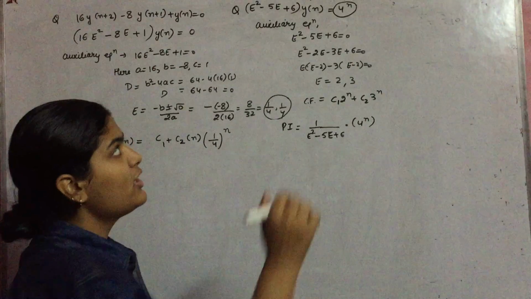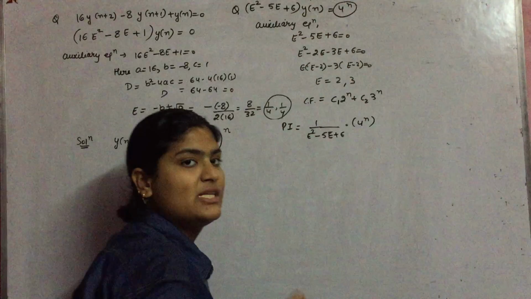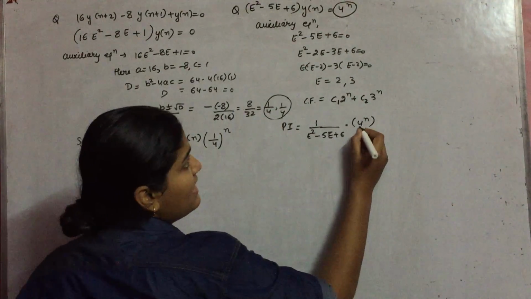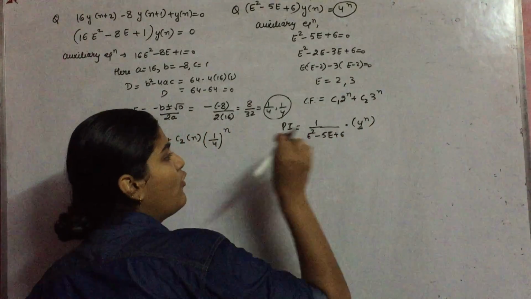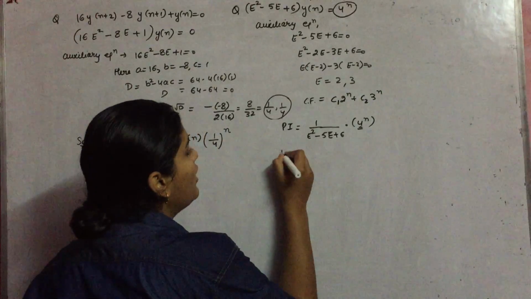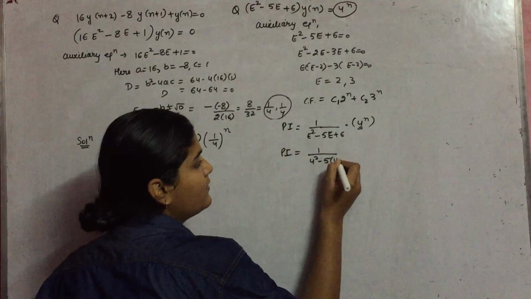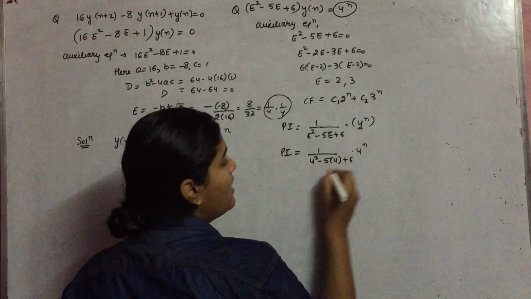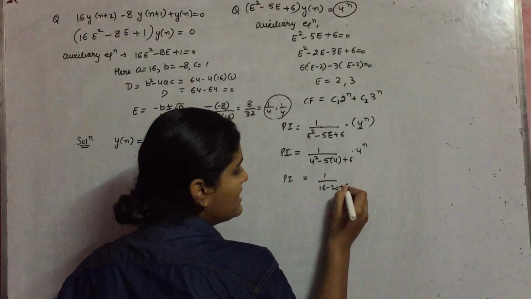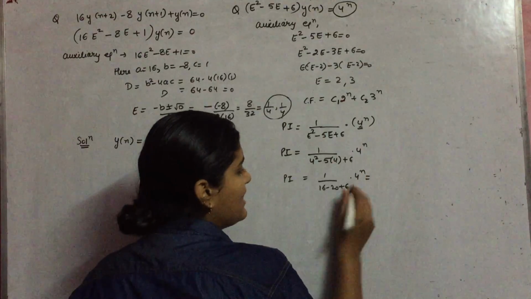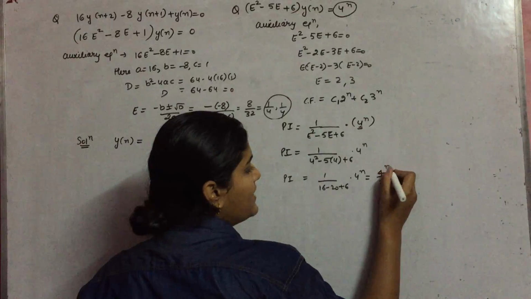Now you have to put a in place of E. Here a is 4, so you just place 4 in place of E. So you get 1 by (4 square minus 5 times 4 plus 6) times 4 raised to power n. The value becomes 16 minus 20 plus 6, which is 22 minus 20, that is 2.